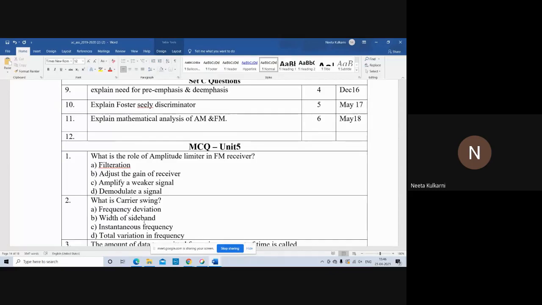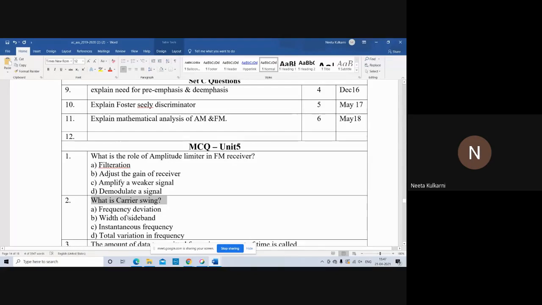Carrier swing is a similar term to frequency deviation; it is the total change in frequency. How much the carrier's frequency changes is called the carrier swing.